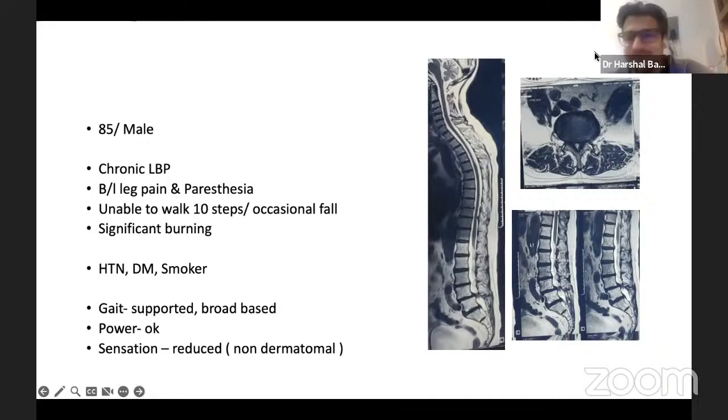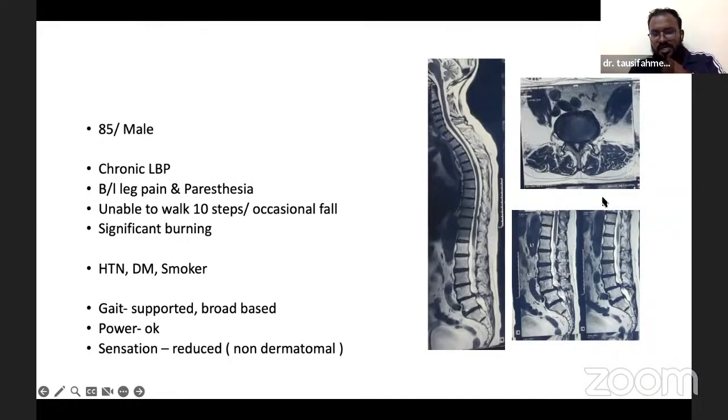Tausif, what would you do? So this gentleman, who is 85 years old, has come with symptoms of being unable to walk. The MRI shows stenosis at the level of L4-5.